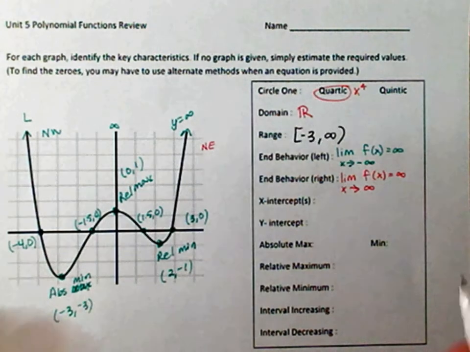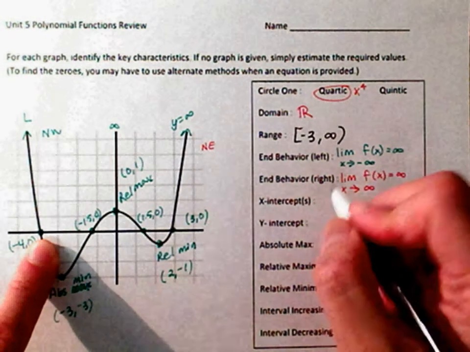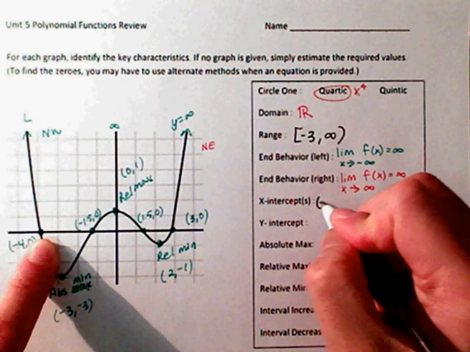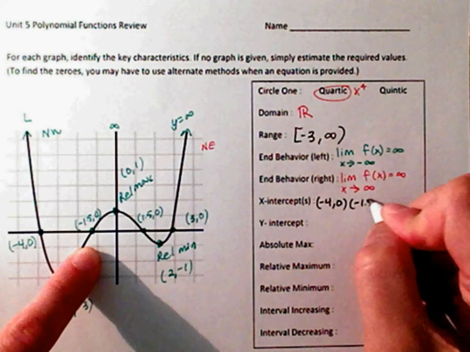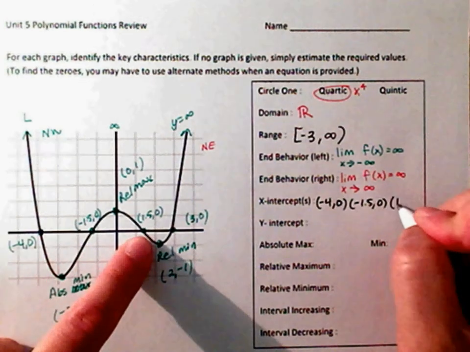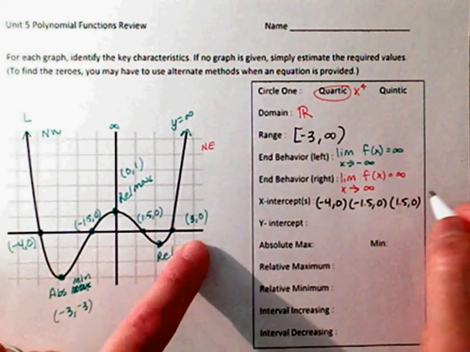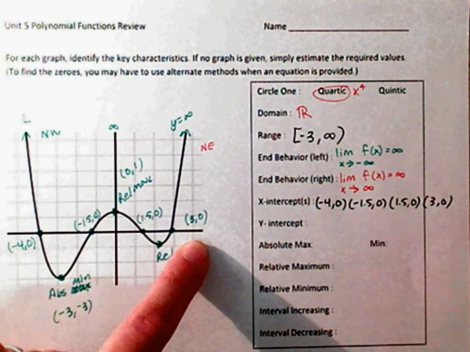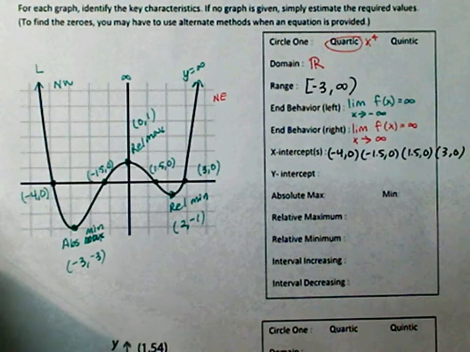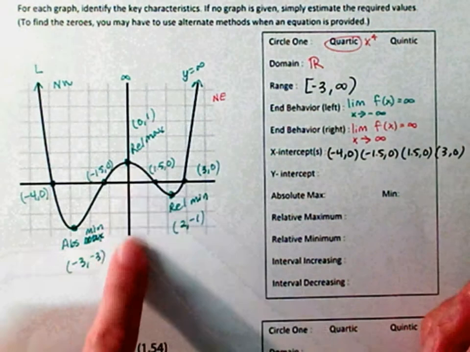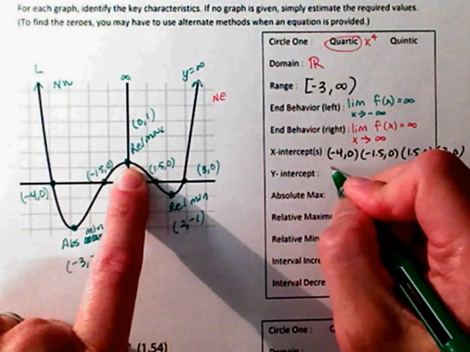Your x-intercept is where you cross the x-axis. There's 4 of them, so that's -4, 0, -1.5, comma 0, 1.5, comma 0, and 3, comma 0. Okay. Your y-intercept, where are you crossing the y-axis? Here's your y-axis. I'm crossing it at 0, 1.